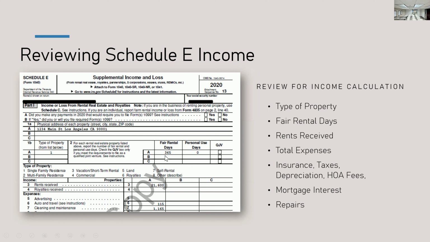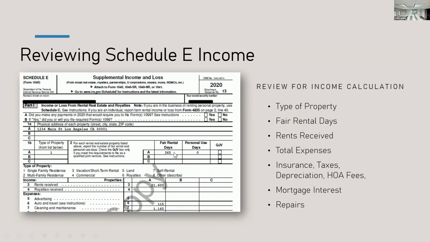Guys, there's borrowers that have only rented it maybe half the year, and this was their 2021 taxes. You want to know why, right? So we're going to get a letter of explanation. If they have the 365, then that's what you're basing this off of. Your calculation is going to be based on their fair rental days. Because let's say they only rented it for 180 days, half a year. Why?